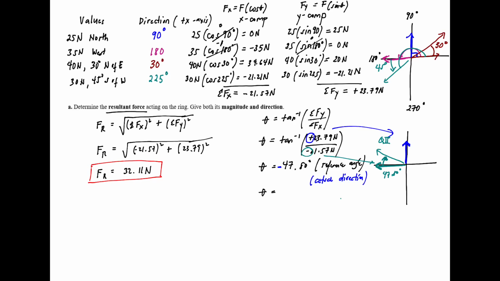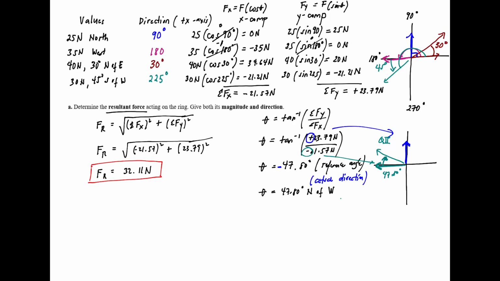Our proper angle, if we want to have the direction, we could say as 47.80 degrees from north of west. That means from west going to the north.